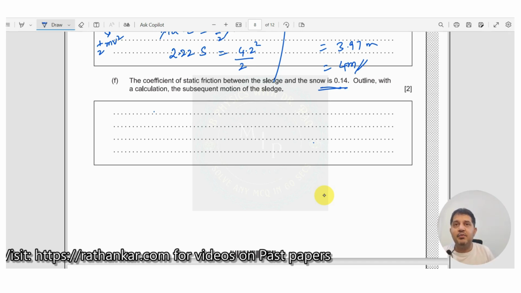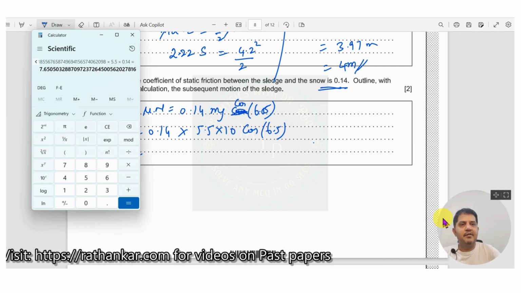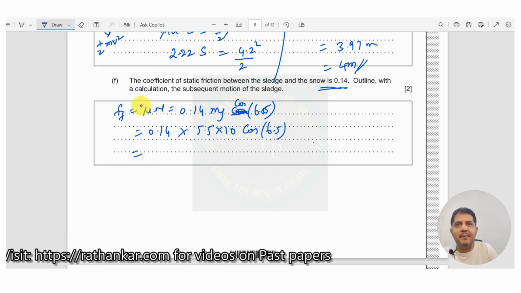Now we can write the frictional force as mu times N, which should be 0.14 times mg cos 6.5, right? Which is equal to 0.14 into 5.5 kg multiplied by 10 multiplied by cos of 6.5. When I do this, what's the answer I get? 0.14 times 5.5 times 10 is 7.7.